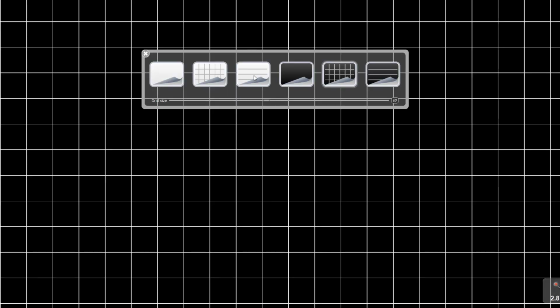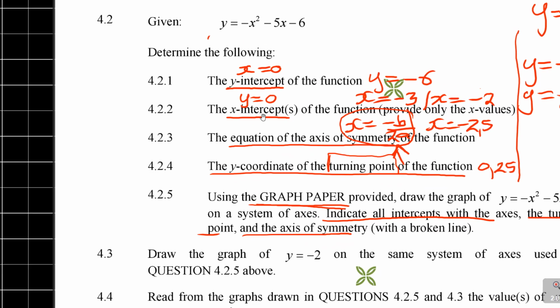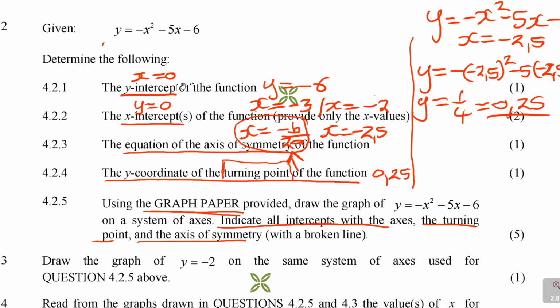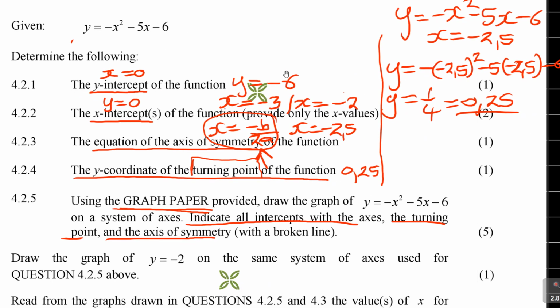But let's come here and kind of have our graph paper here. Now, before that, I need to know which one is my maximum and my minimum for the y values. Look at this. I've got y being -6, so there is more negative there. And then I've got x being -2,5, -3, -2. But there is something I didn't do here.